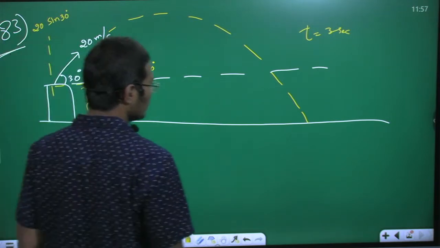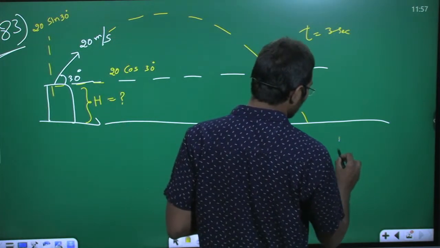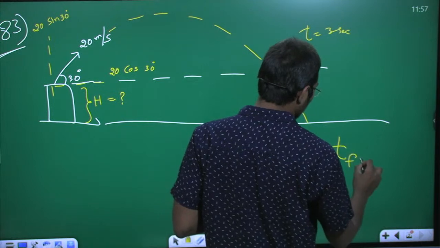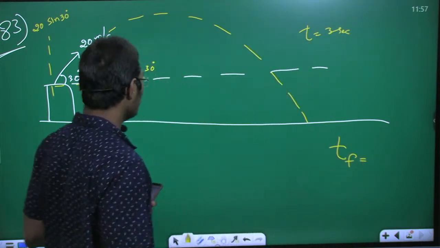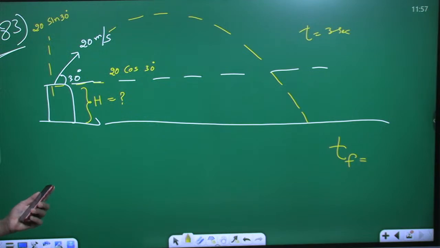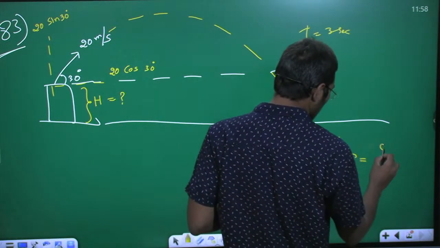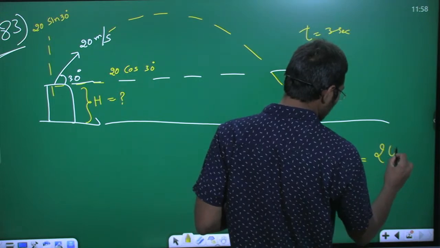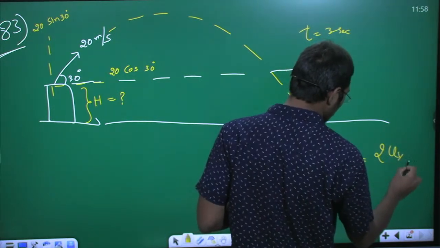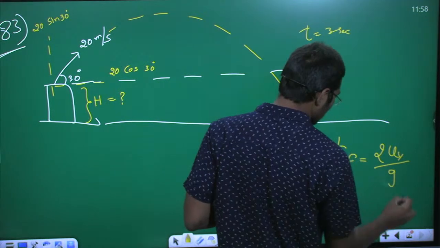So how do you find time of flight if it is a normal projectile? It is 2 into velocity along vertical direction by g, right?